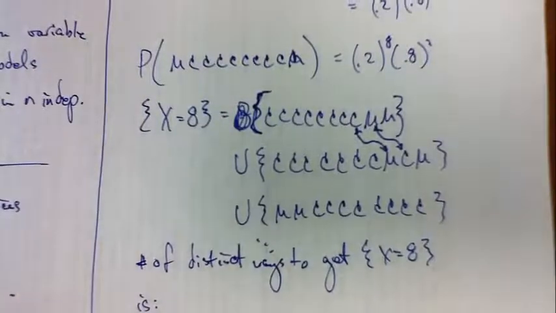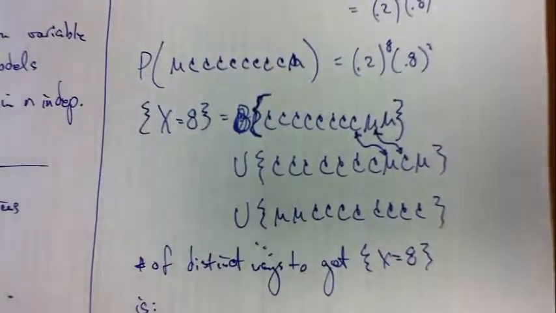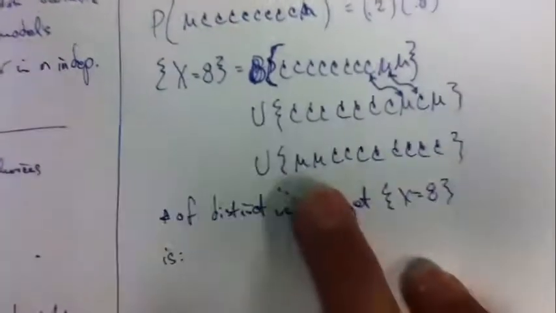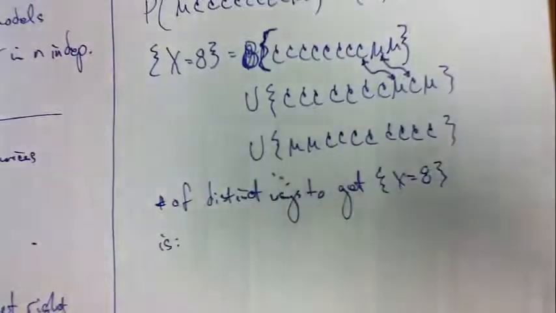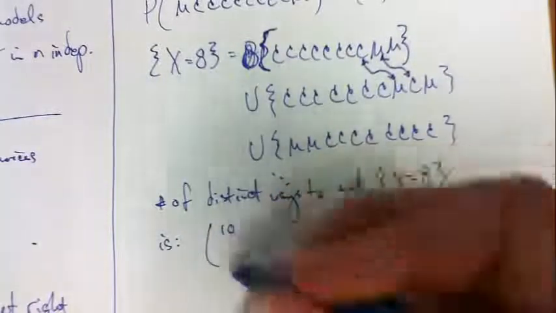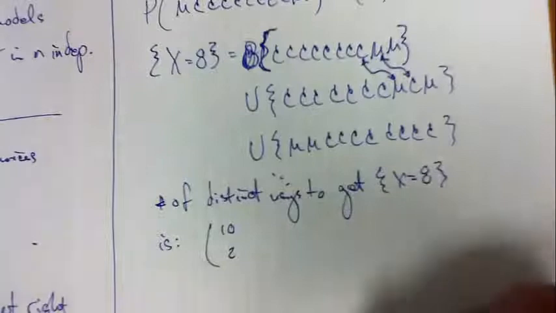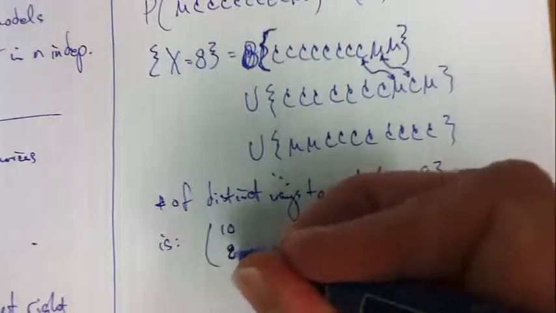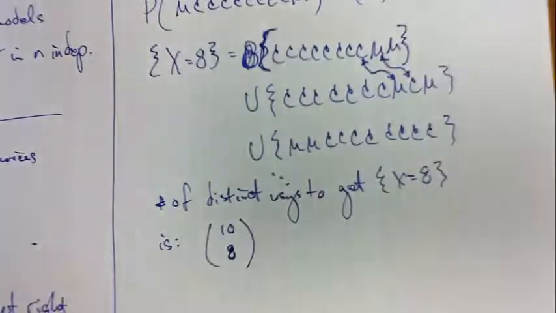You just have to count up the number of ways that you can choose 2 places out of the 10 to put the misses, right? So it's 10 choose 2, or 10 choose 8. Same thing, right? 10 choose 8 is 10 choose 2.